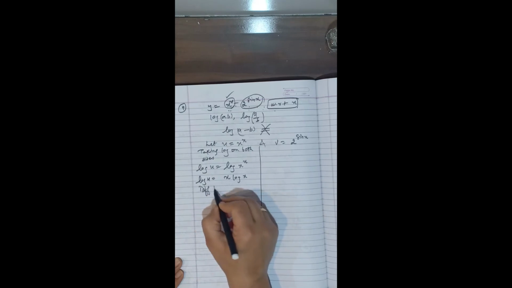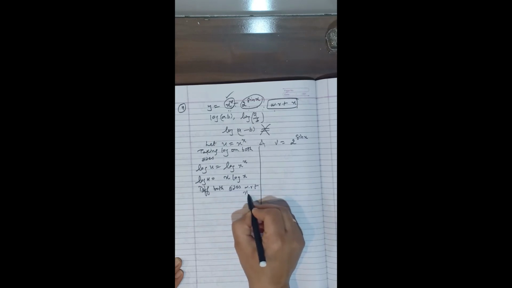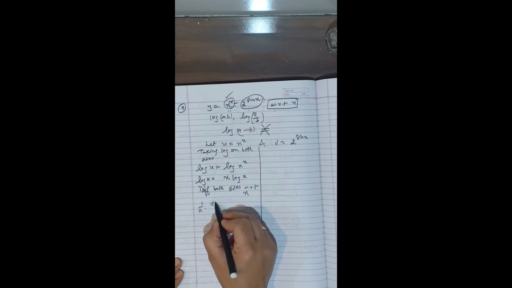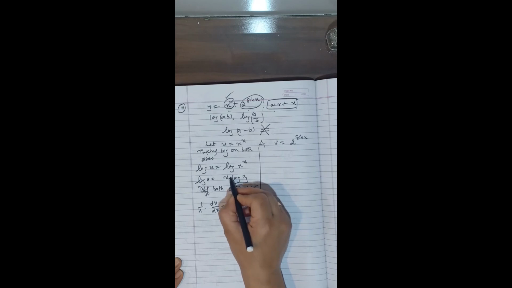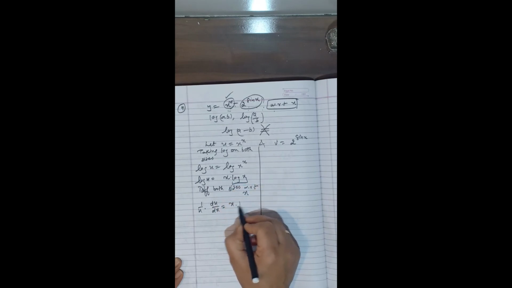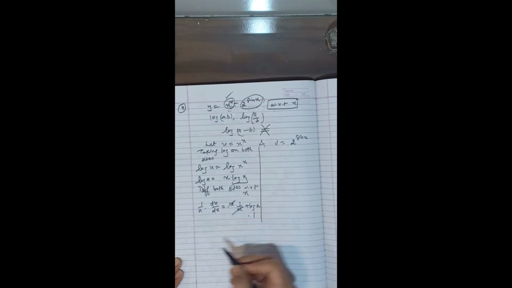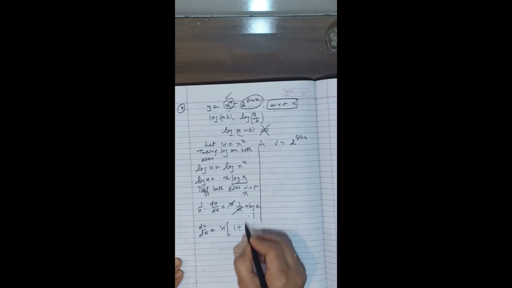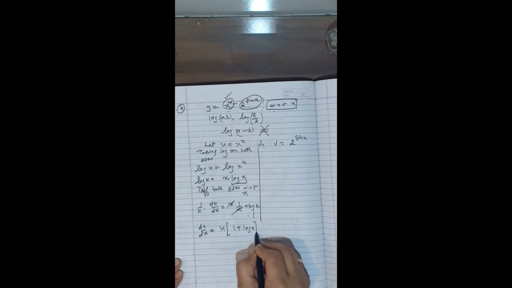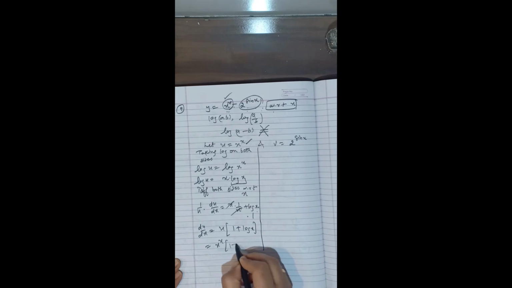Now differentiating both sides with respect to x, it will become 1 upon u du upon dx equals x into derivative of log x, because in between there is a dot, so the product rule is applicable, 1 upon x, plus log x into derivative of x, which is 1. The x will get cancelled. So du upon dx will become u into, here 1 is left and here it is log x, 1 plus log x, and the value of u was taken as x raised to power x. So du upon dx is x raised to power x into 1 plus log x.